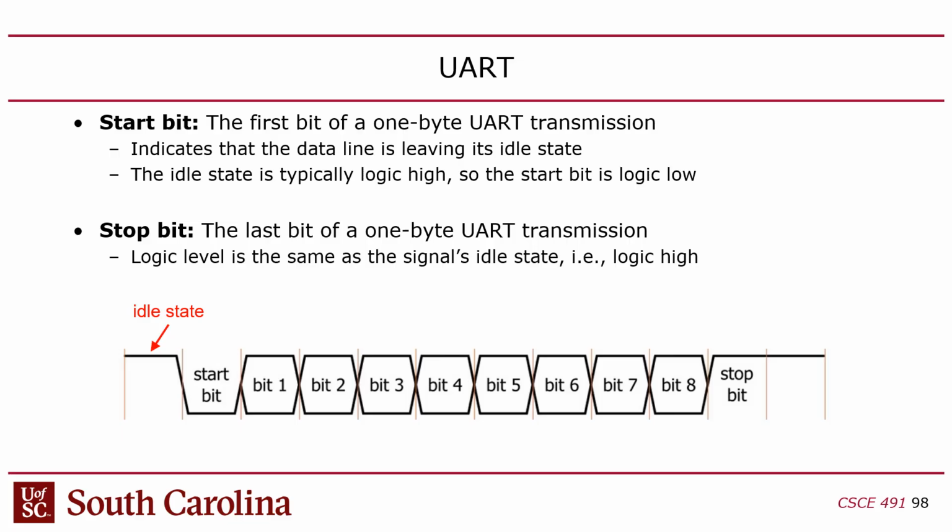The problem is, how many bits do you send, and are you sending most significant bit first or least significant bit first? Well, that depends on the settings of the channel. Typically, you'll have 8 data bits. That's the most common case, but that doesn't have to be the case. You could have more or less than 8 bits, but generally speaking, it's 8.